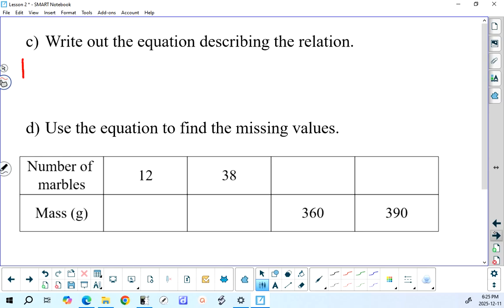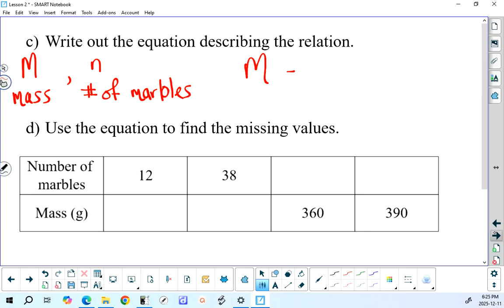Well, let's use capital M for mass and little n for number of marbles. Turns out that this equation is even simpler to come up with than the previous one. The total mass will be 75 grams because that's the mass of the box, plus 15 grams times however many marbles.